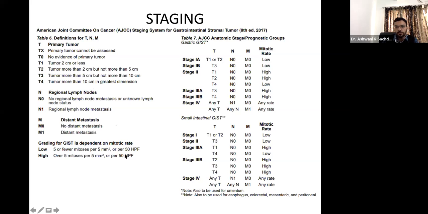N1 is when regional lymph nodes are present. And grading, low is 5 or less mitosis per 5 millimeter square or 50 high power field, and high grade is more than 5 mitosis per 50 high power field. So we'll discuss the small intestinal GIST in this.